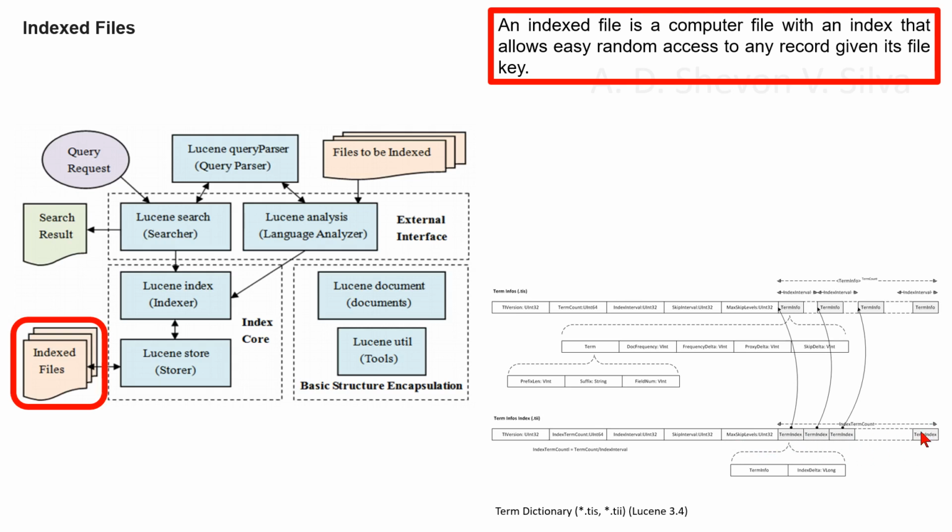Term index consists of term info and index delta or v long. Here the term index is connected to term info, and here the term index is connected to term info, and here too. So term indexes are connected to term infos.